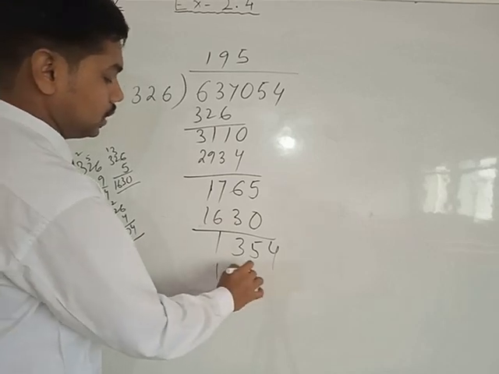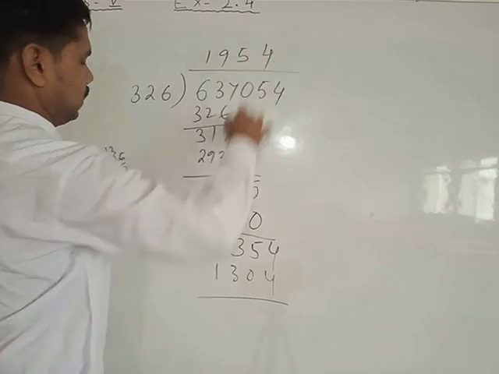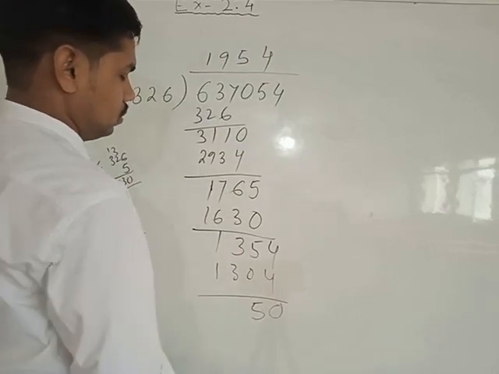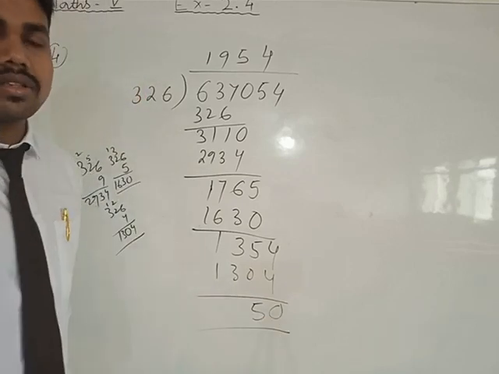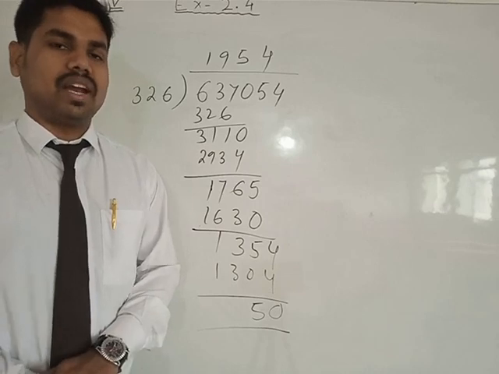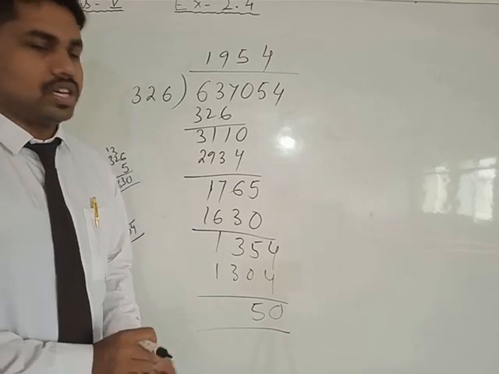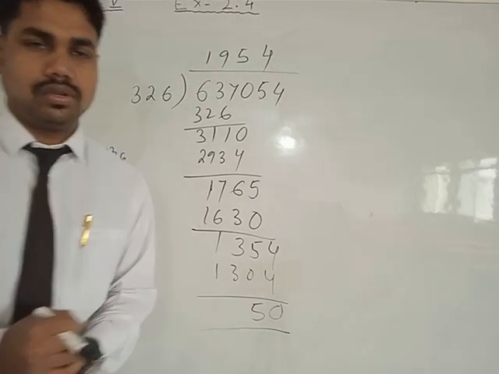So 1304 with 4 times, we get 50. So 50 is the remainder. That means we have to subtract 50 to make that number divisible. So the answer will be 50. This is how you can do question number 4.